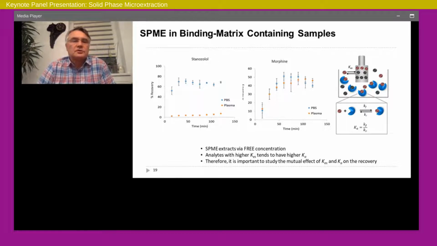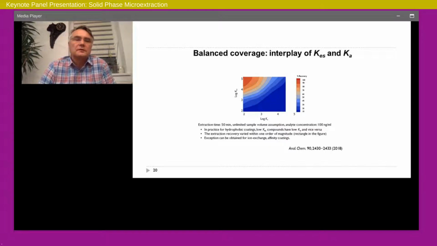If you want to consider this process more fully, you also need to consider the dissociation rate constant and so on, which we have done as well, if you look at our recent publications, which is actually shown here. A very brief summary of what this publication is telling is that because you have this balance between the competing extraction by the matrix compared to the partitioning onto the fiber, you actually extract the same amount or close to the same amount independent of the log P of the compound, until, of course, the coating is not capable of extracting anymore.